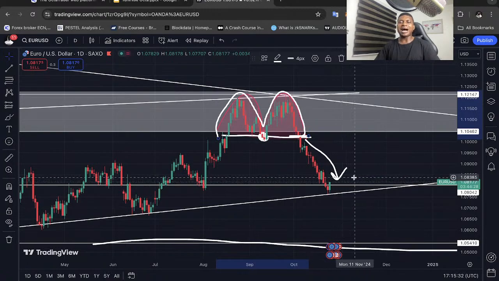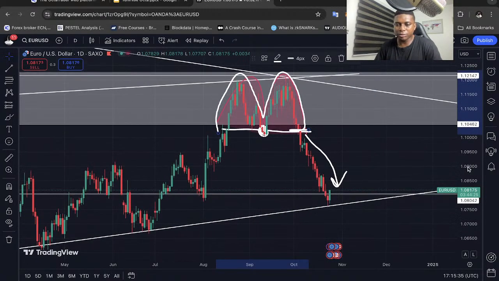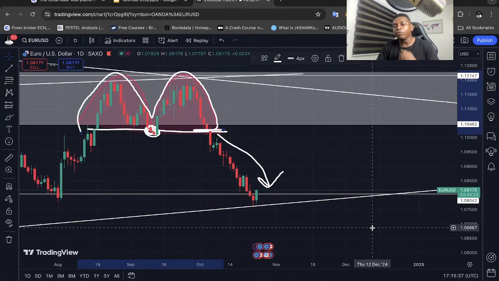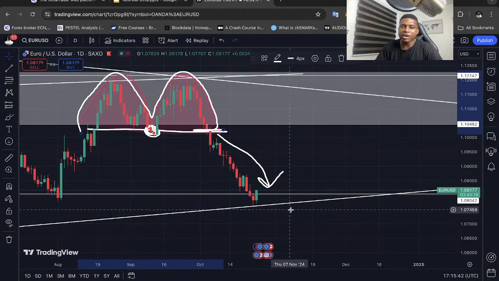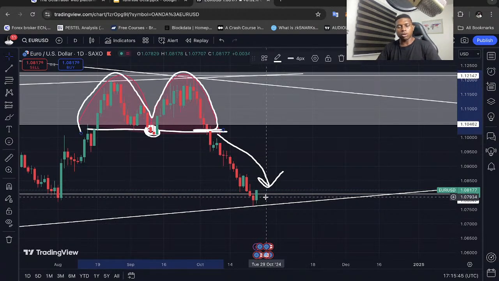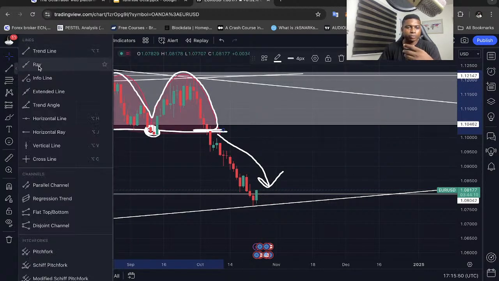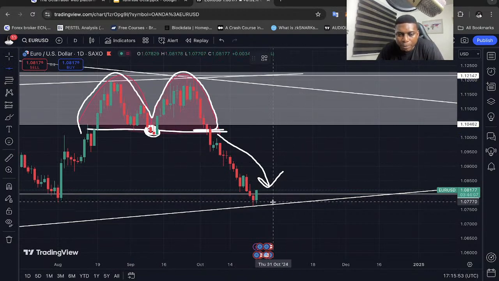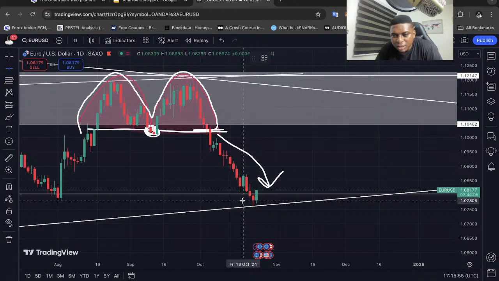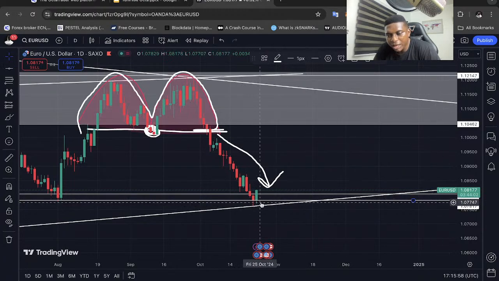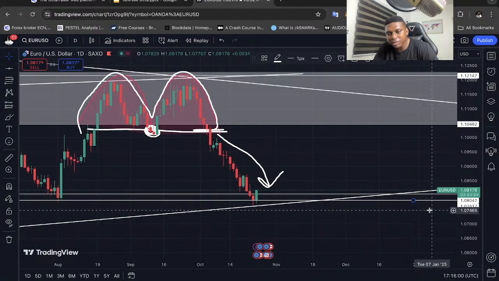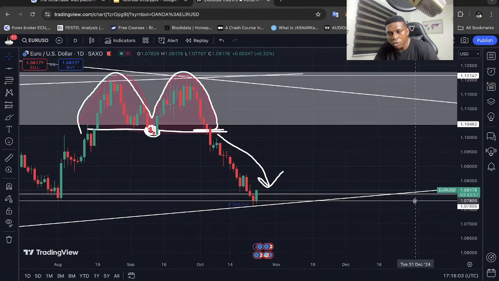So the higher chance of being in a favorable sell position is to leverage on our sell order. On our sell order, we'll be selling at 1.07817.